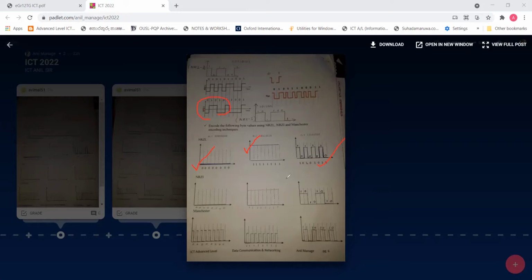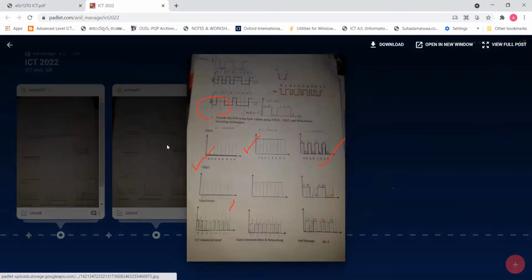Then Manchester, NRZ-I inverted, zeros are the same. When you get 1, it should change. I can't see it properly. I will see the other one. One you have to change. No, not like that. One should be changed like this.